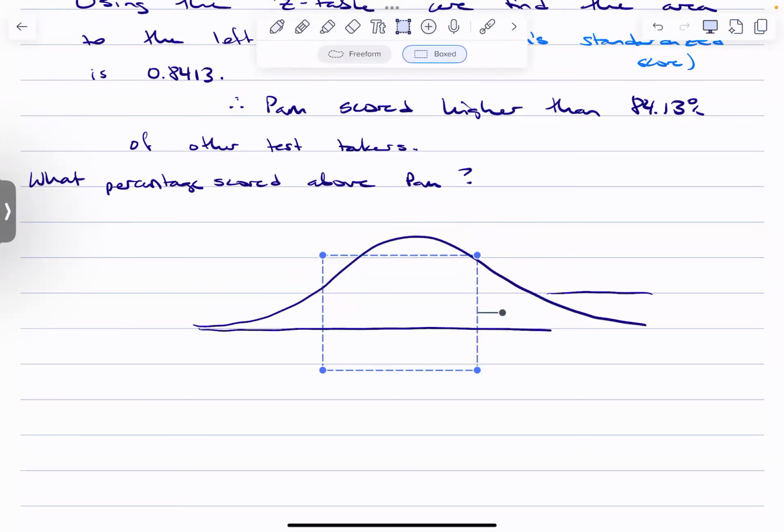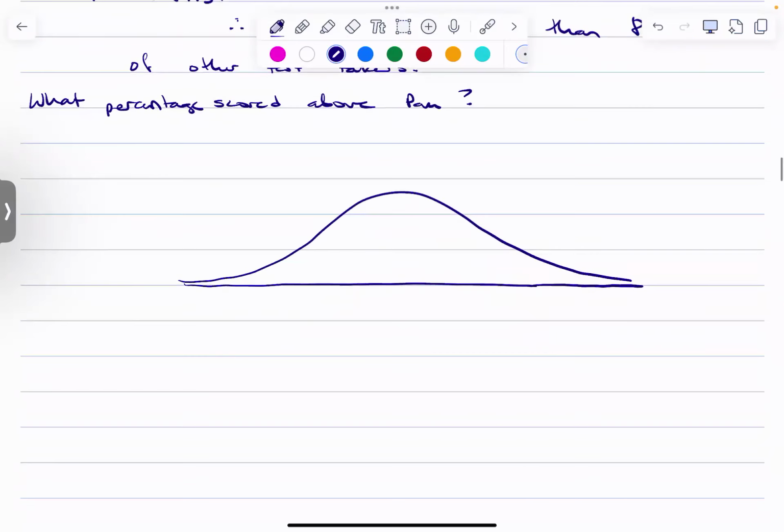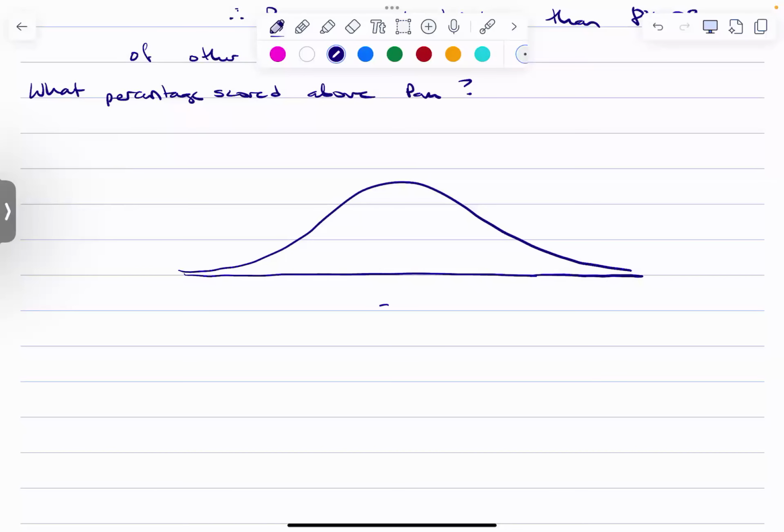And I'll bump this down. If we take it back to the original scale of the SAT scores, which is usually where we start our problem, we said that the mean is 1500 and Pam scored 1800 and the standard deviation was 300.